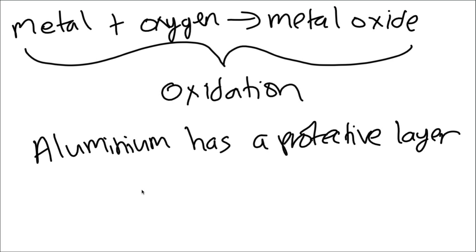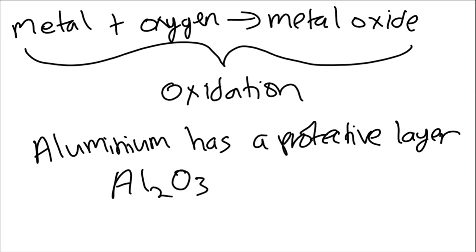This is a protective layer of aluminium oxide, Al2O3, and it protects the aluminium from corroding. So that is kind of it protecting itself from this reaction happening. There's not really any other examples of metals that you need to know of where this happens.